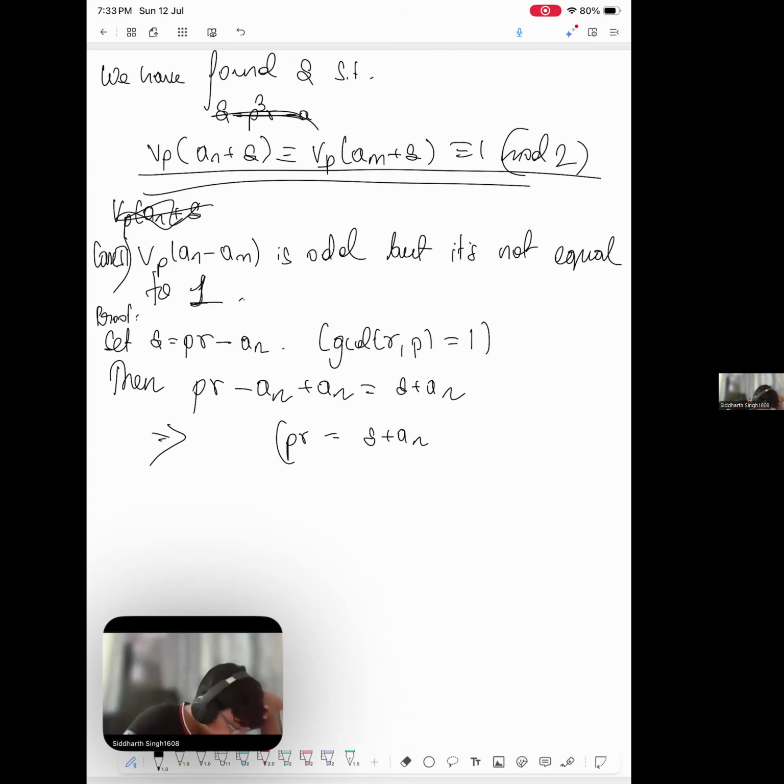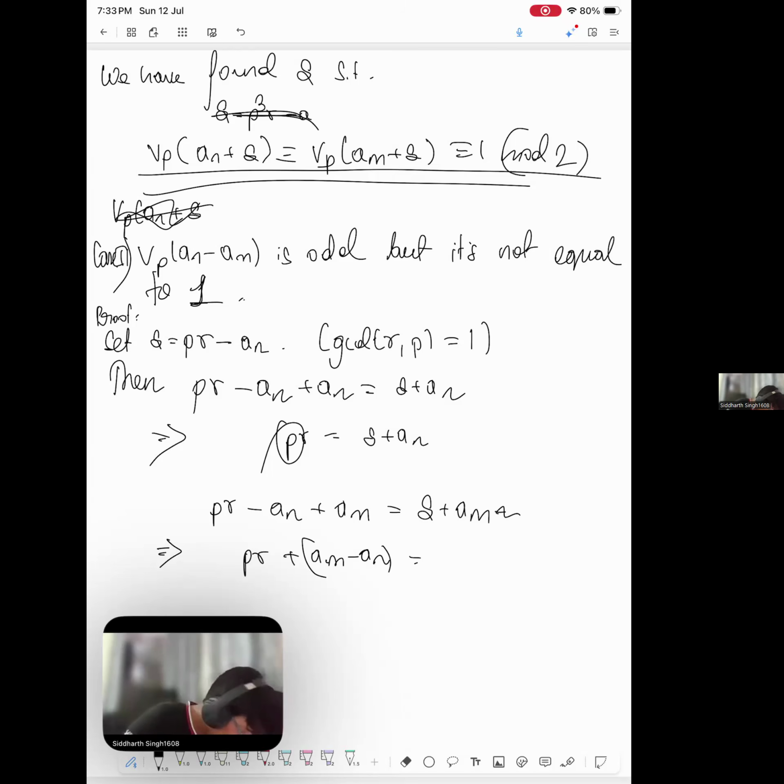Now, since the VP of this is odd, also consider the number PR minus AN plus AM, which is equal to S plus AM, which is equal to PR plus AM minus AN.